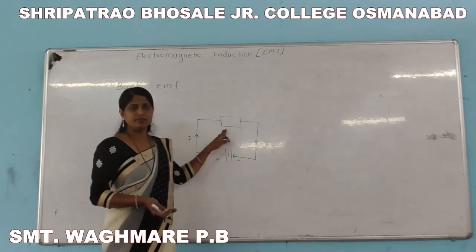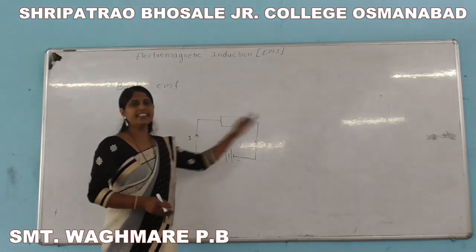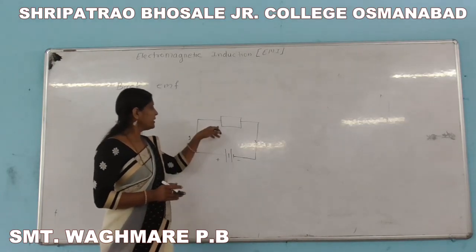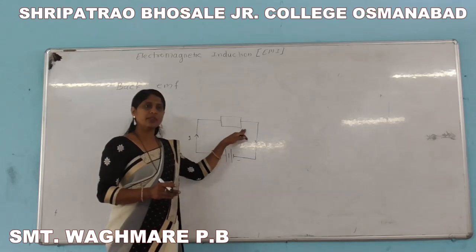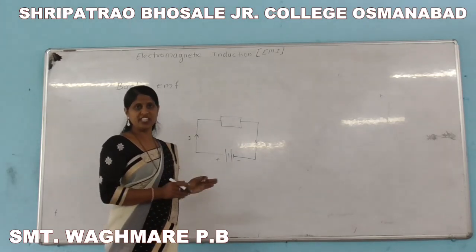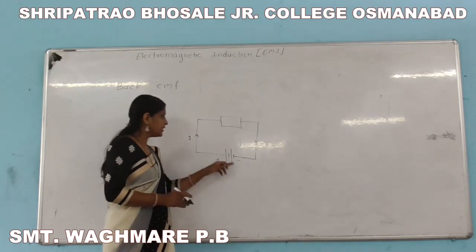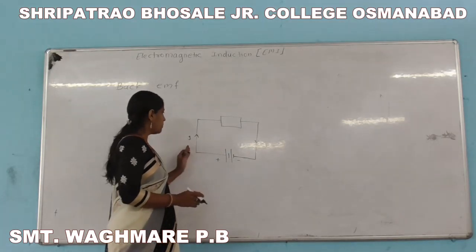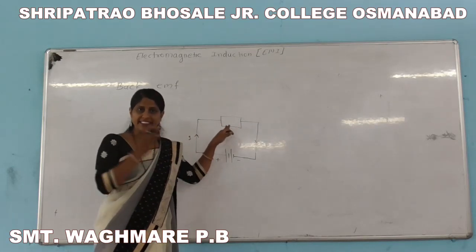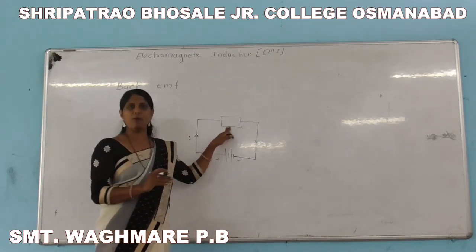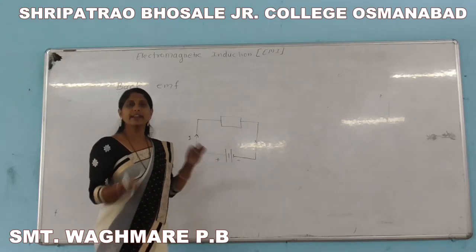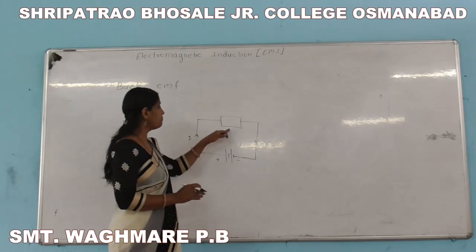Due to the EMF induced in the coil, current is induced in the coil. We have already discussed the AC generator. Therefore, when the motor is connected to the external supply, the supply provides current to the motor, and this motor acts as a generator, so back EMF is induced in the coil and current is produced in the coil of the motor.